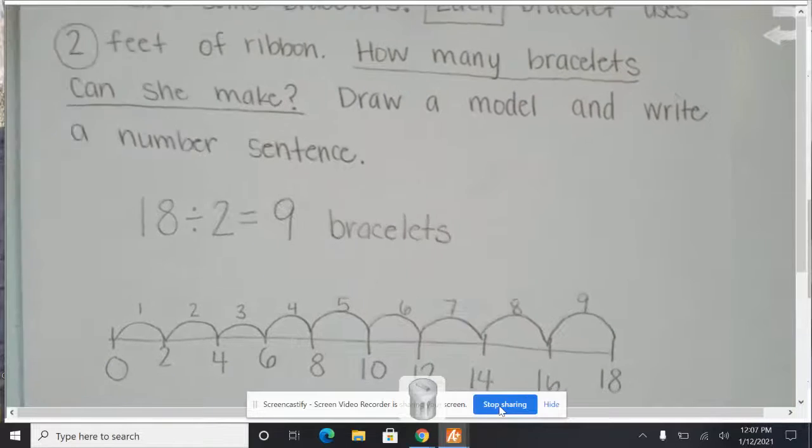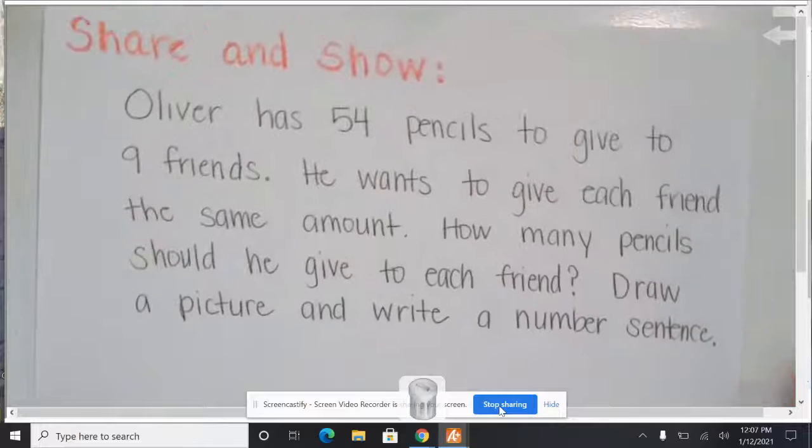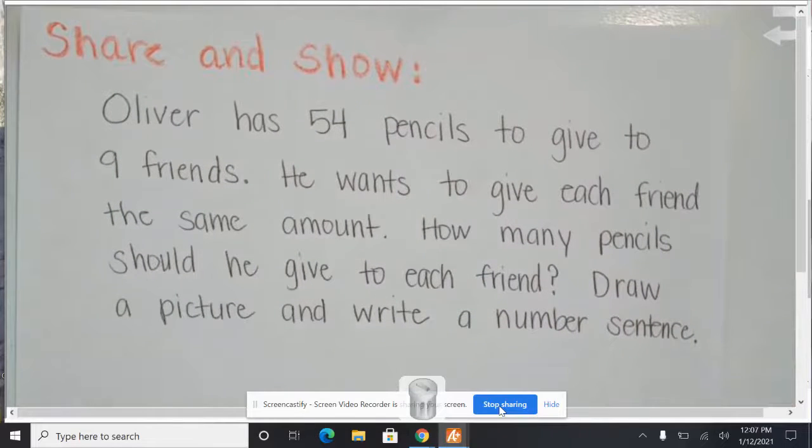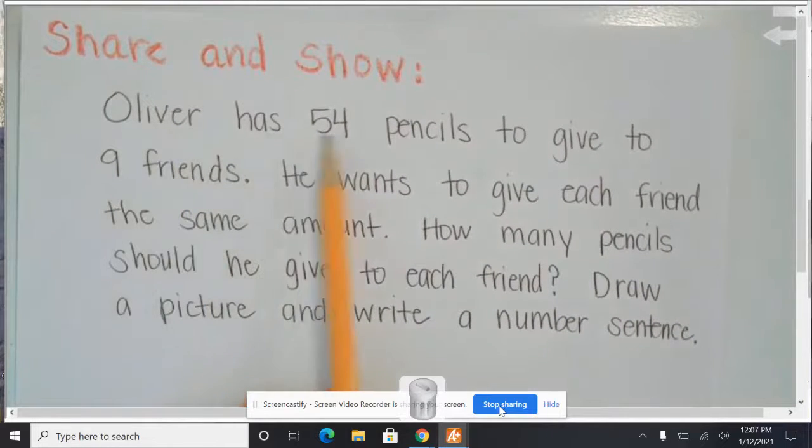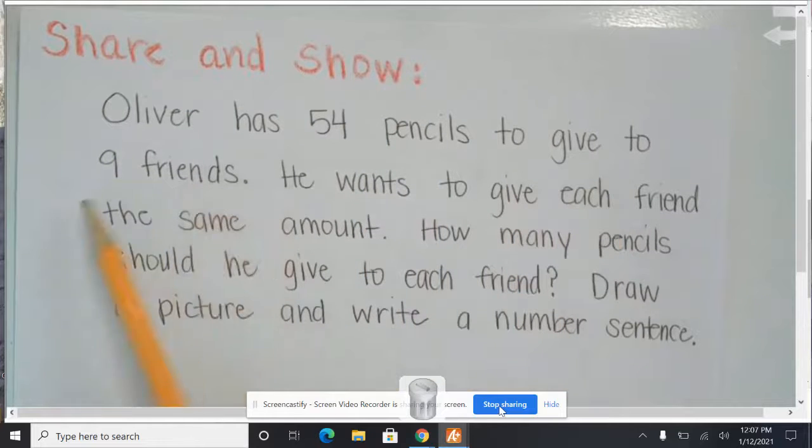Next, you have a share and show problem. Here is your share and show problem. Oliver has 54 pencils to give to 9 friends. He wants to give each friend the same amount. How many pencils should he give to each friend? Draw a picture and write a number sentence.